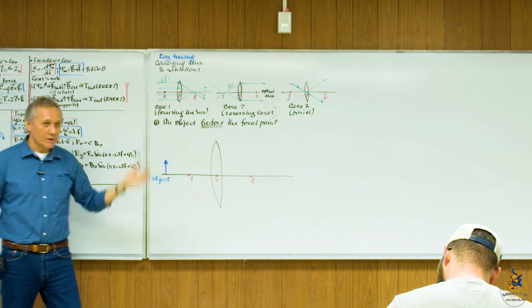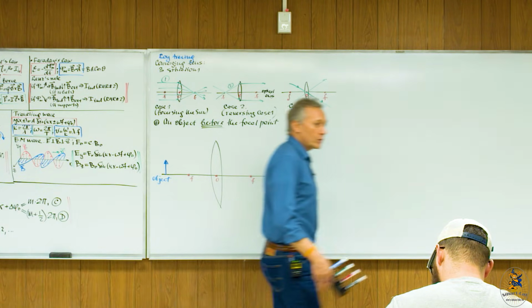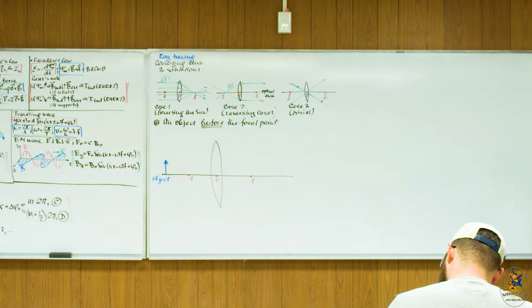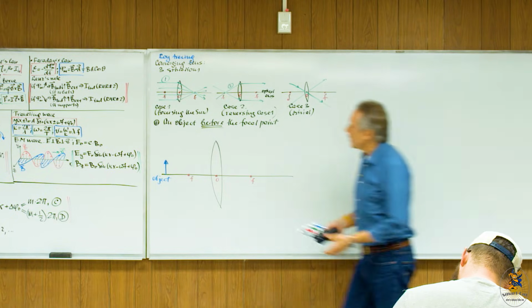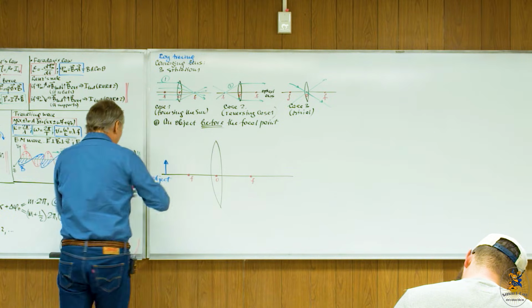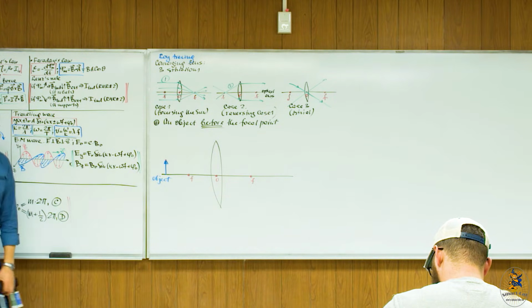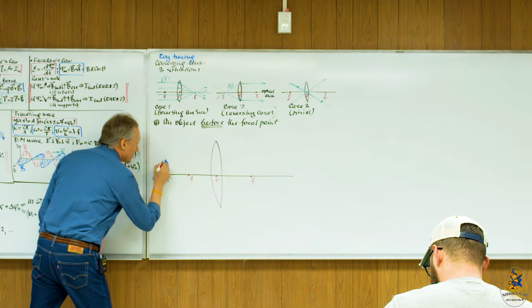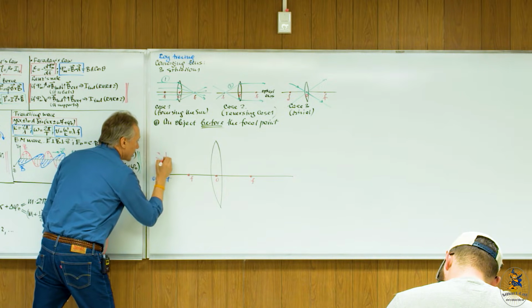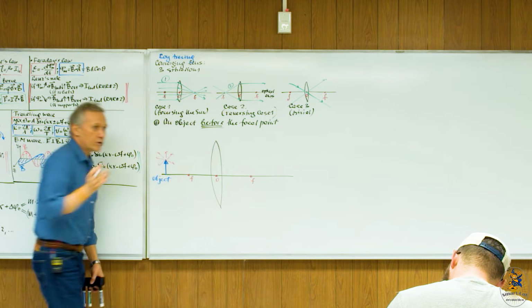Because every time the image will be at the point where those 2 rays intersect each other after the lens. Okay. So ray number 1. First of all, if you take, for example, the top of this object, it creates rays which go in all possible directions. Just in nature.